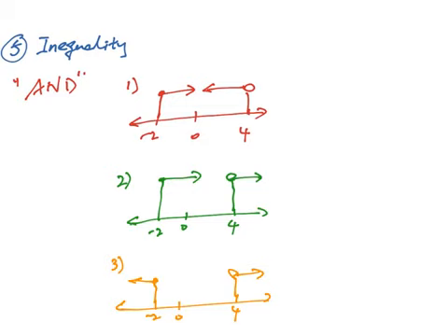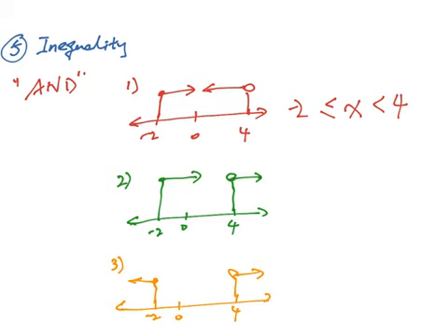Next, we'll look at the compound inequality. For the AND case, first, when they walk towards each other, it is the between case. So x will be between negative 2, with an equal sign, and 4 without an equal sign.